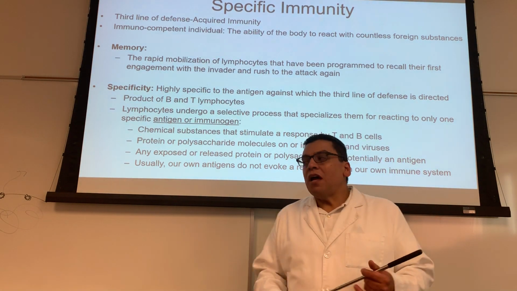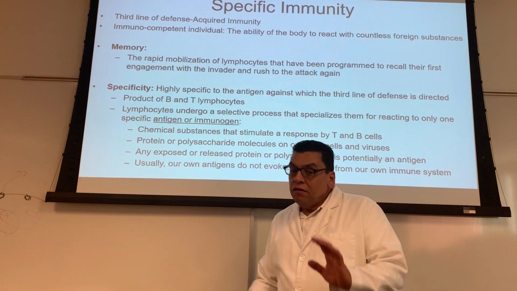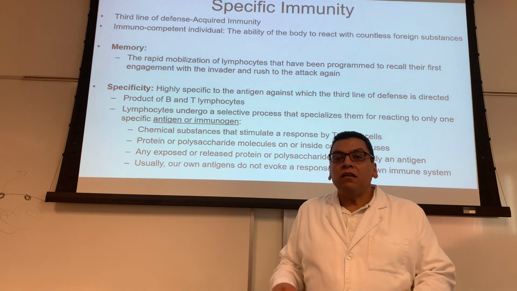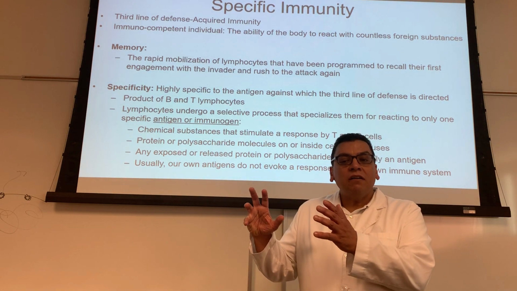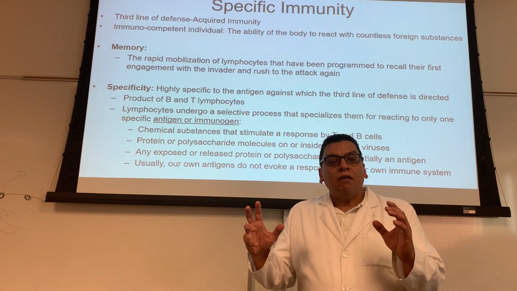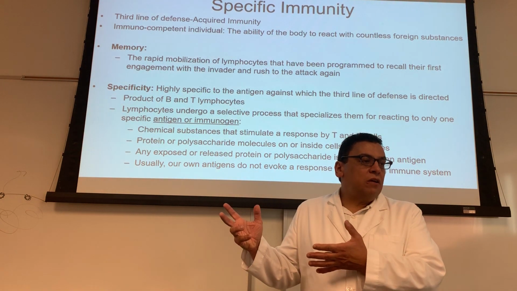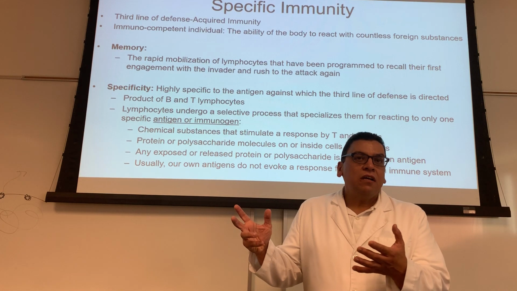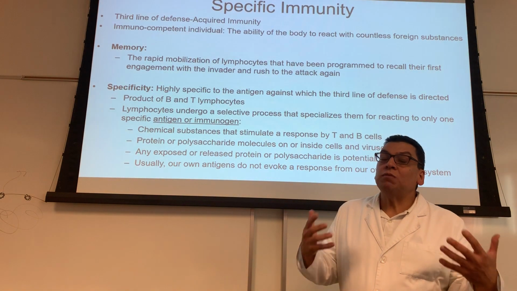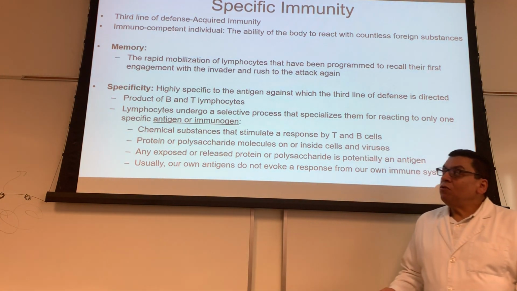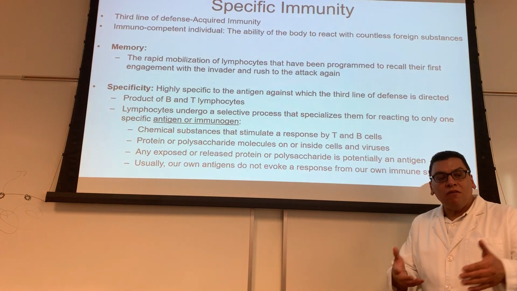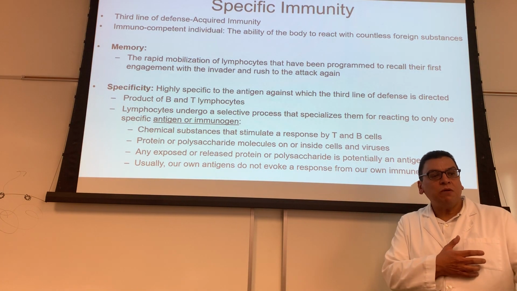So it can produce a line of attack to kill E. coli a certain way. And like I said before, salmonella a different way. But how it kills E. coli will not be how it kills salmonella and vice versa. And in a sense, it is said to be specific. So the approach is specific to the pathogen that it's fighting. That's what it means.